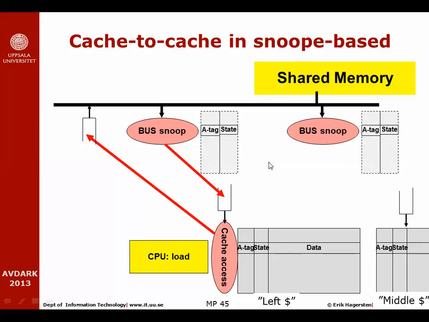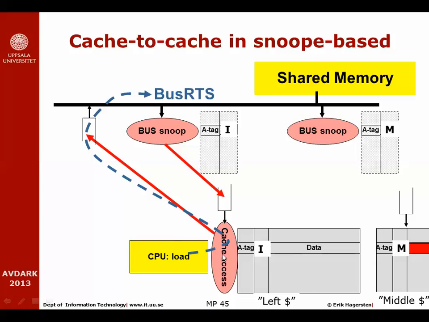Okay, so this is what happens in the dual tag system. This is the initial state of affairs. Now the middle CPU is the one here, the one with the cache line in state modified. Its duplicated tag is also state modified. The left cache starts off with invalid in its data cache, and invalid also in its snoop tags.